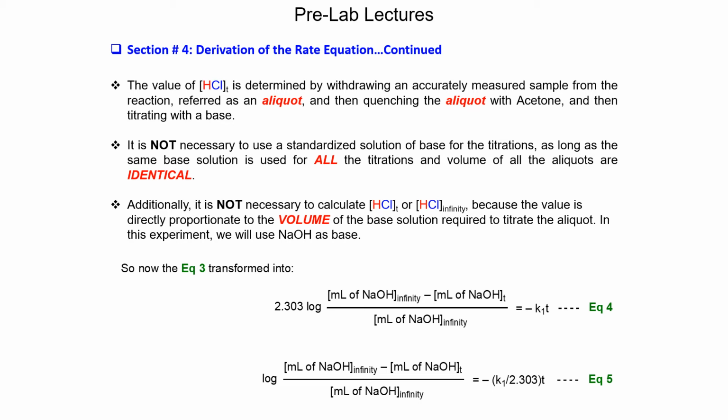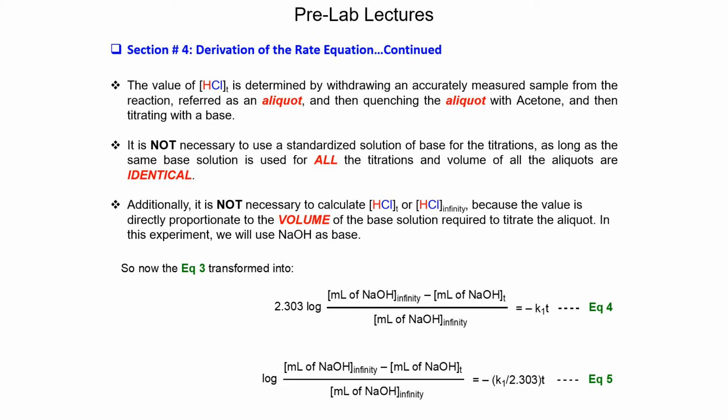Similarly, in the stock solution, the concentration of hydrogen chloride is proportional to the concentration of any of the reactants. Because we have the base in the stock solution, the concentration of hydrogen chloride is proportional to the concentration of the base. So we can replace the concentration of hydrogen chloride in equation 3 by the amount of sodium hydroxide, and we can have this equation.